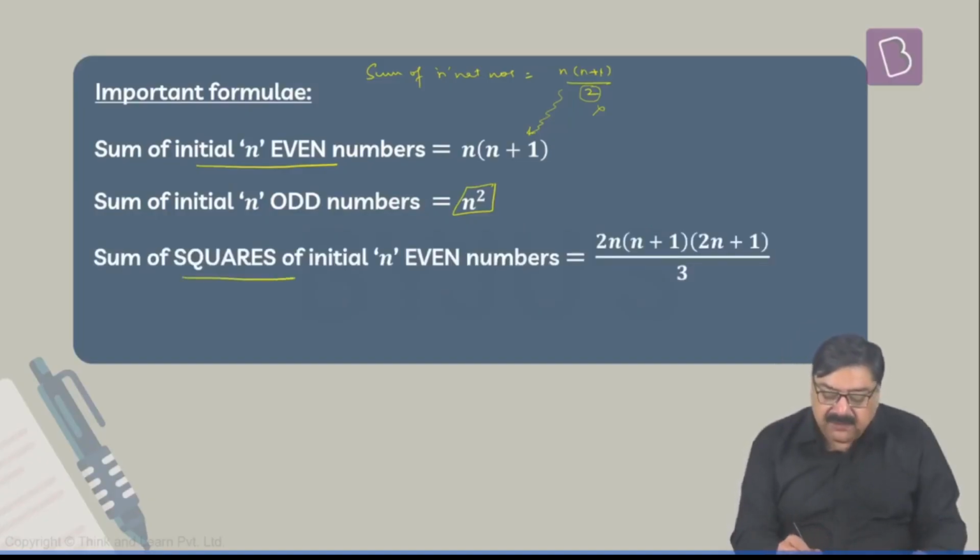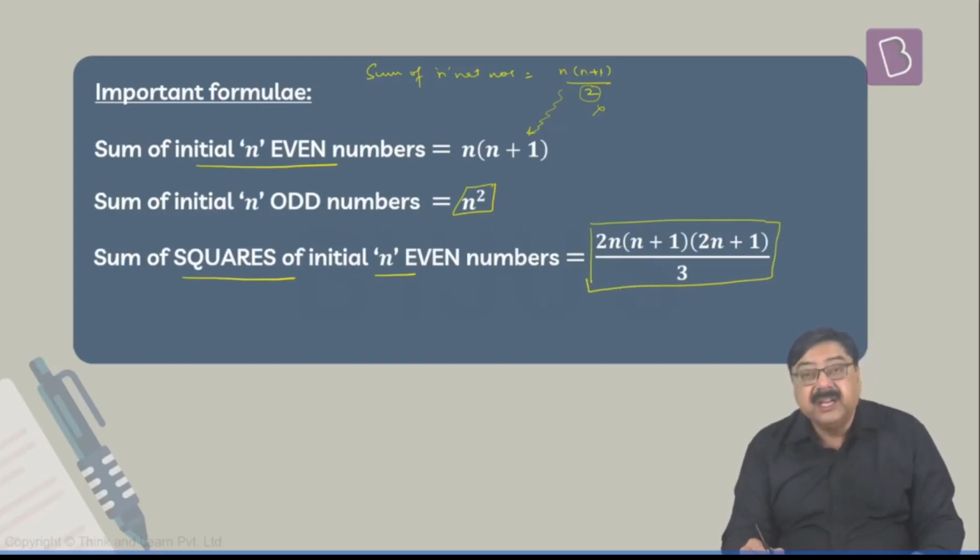Now, sum of squares of initial n even numbers shall be written as 2n into n plus 1 into 2n plus 1 by 3. Now, you can actually remember it in a very good way. You know that sigma n square, or sum of squares of n natural numbers, is n into n plus 1 into 2n plus 1 by 6.